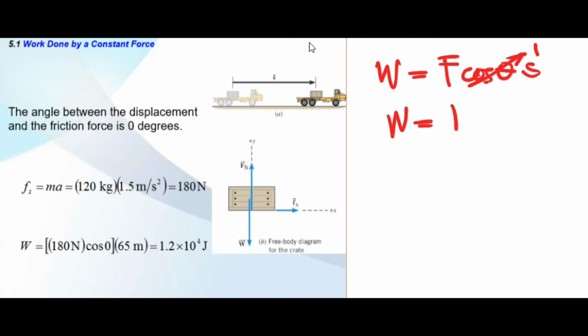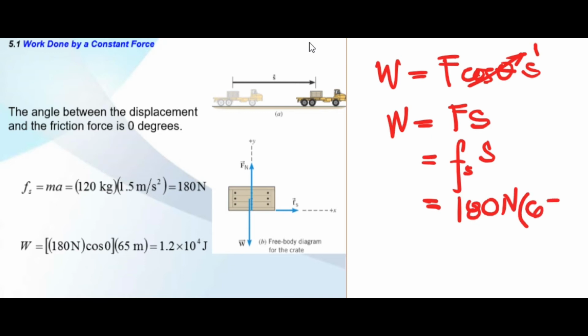So work can just be computed as F times the displacement, and at this point it is the static frictional force times the displacement. The static frictional force is equal to 180 newtons. Even if we multiply it by cosine 0, it is just 1. So this is just 180 newtons times 65 meters. Then the work done is equal to 1.2 times 10 raised to 4 joules.